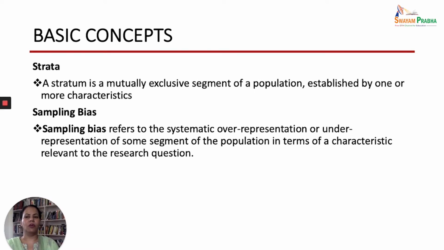For example, if I want to do a study on satisfaction about nursing care, sometimes we may know that a particular patient did not behave properly with the nurses, so I may not include that particular person in the sample. That may add to the sampling bias. Such types of decisions should not be taken by the researcher.